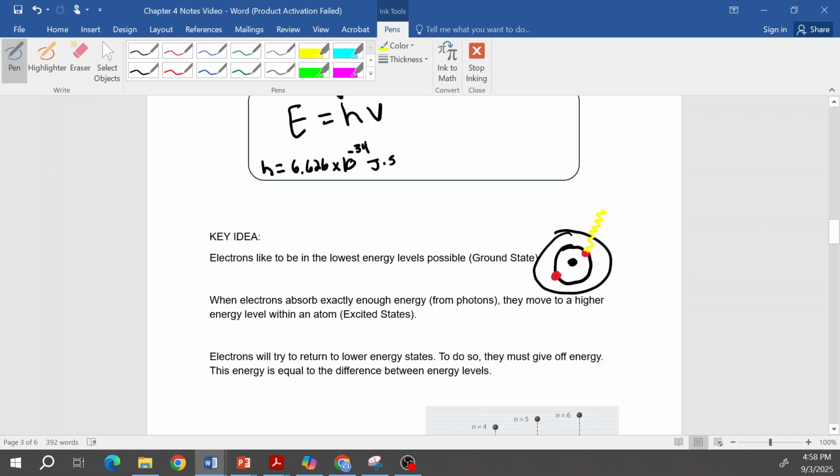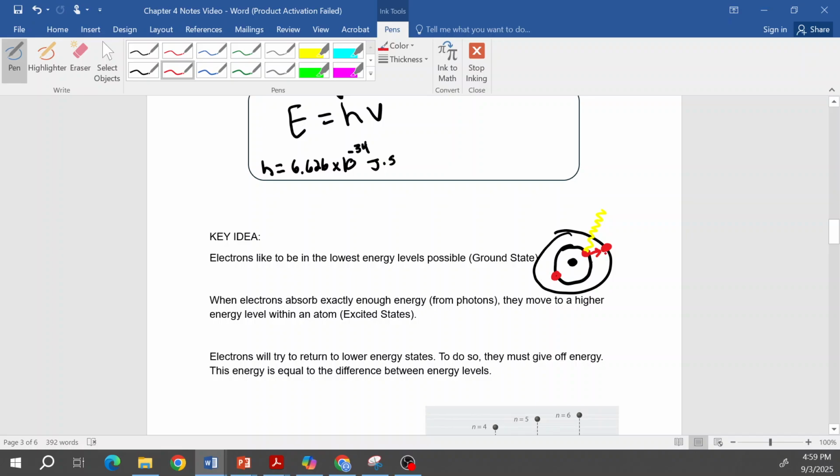If that light has enough energy, then it's possible that this electron can kick up to the next highest level. So that electron absorbed some of the energy from the photon, and it jumped up to a new energy level. It did so by absorbing that photon. When electrons absorb exactly enough energy from photons, they move to a higher energy level. They were at a lower one, now they've moved up to a higher one.